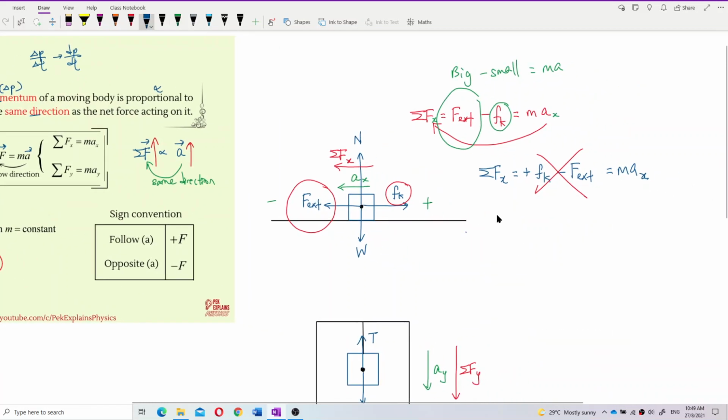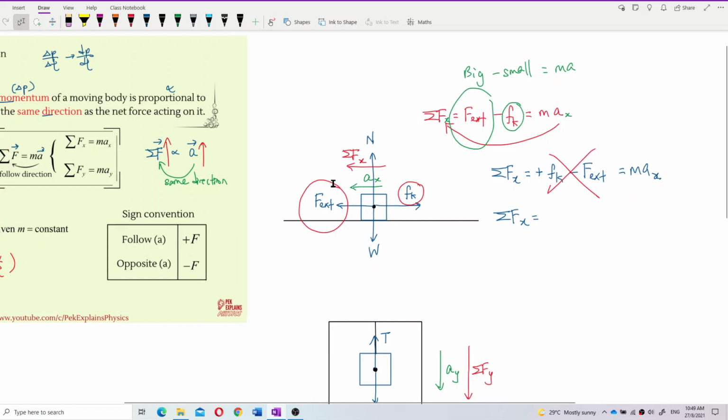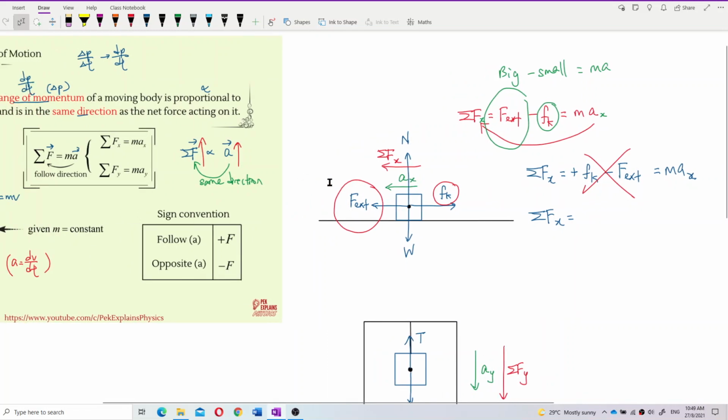So like this, total Fx equal to, okay, so don't use this one, don't use go to the right positive, go to the left negative. So rub it off. Look at the acceleration. The acceleration is to which direction? Acceleration is to the left, isn't it?